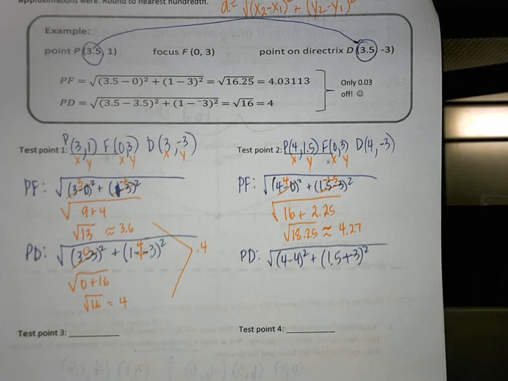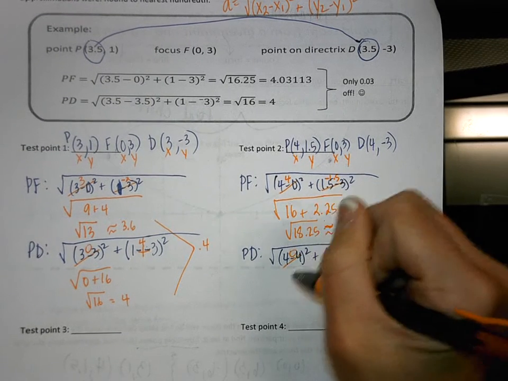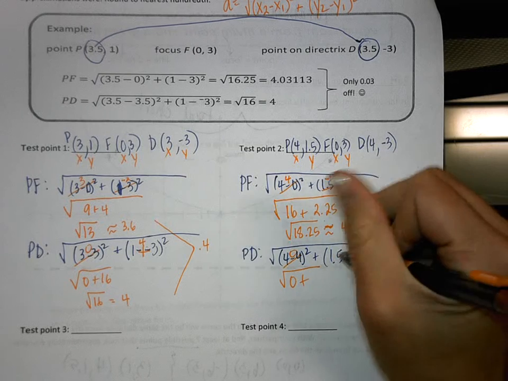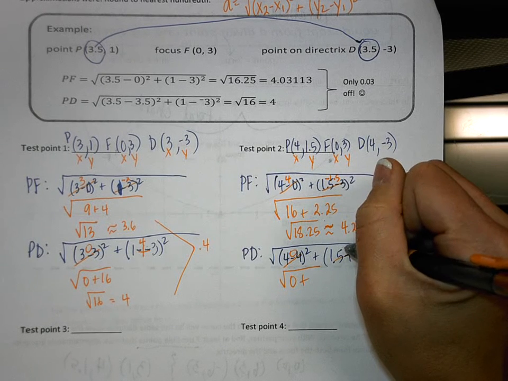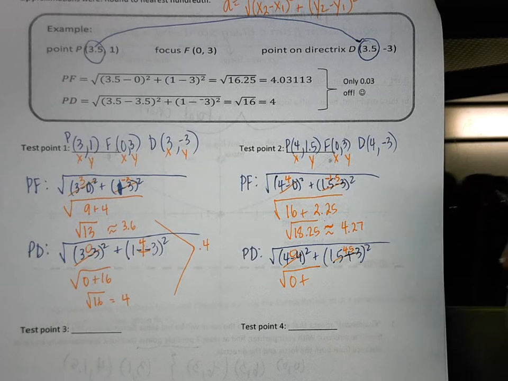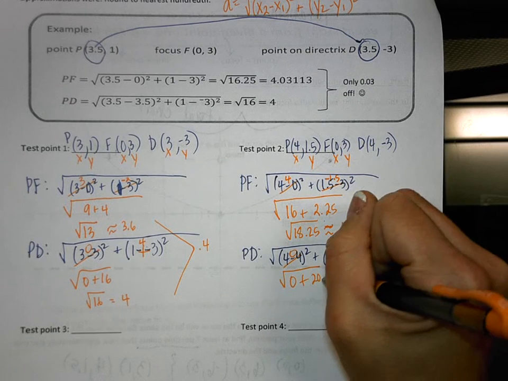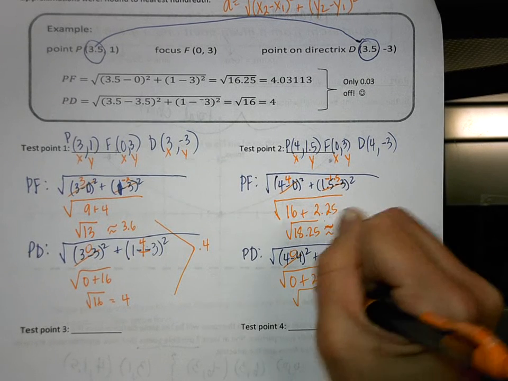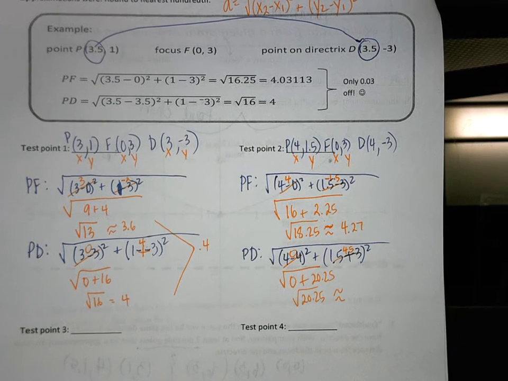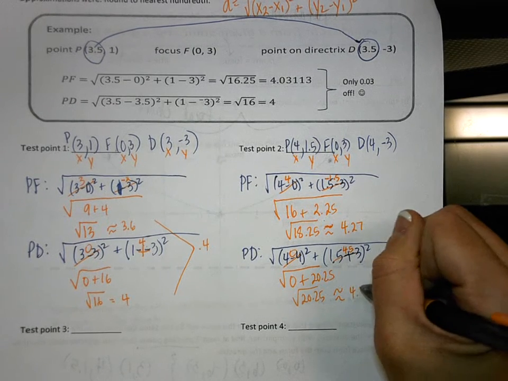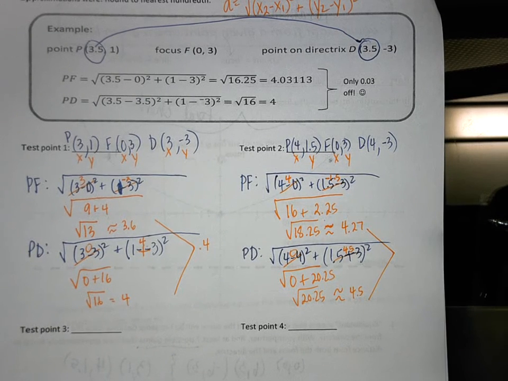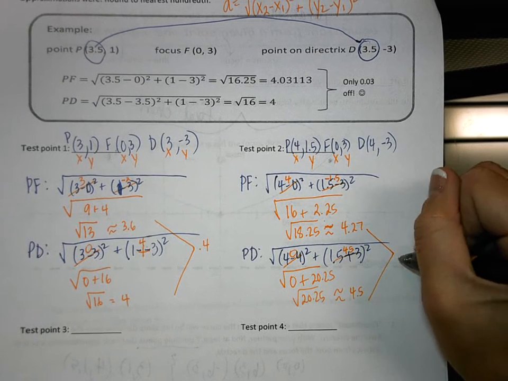Okay, so 4 minus 4 is 0, so we have the square root of 0 plus 1.5 plus 3 is 4.5, and when you squared 4.5, you got 20.25. And so we have the square root of 20.25, which is approximately equal to 4.5. So that one had a difference of 0.23.